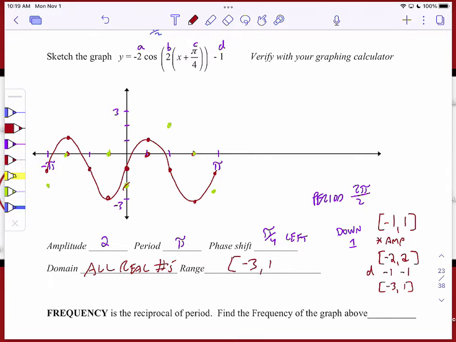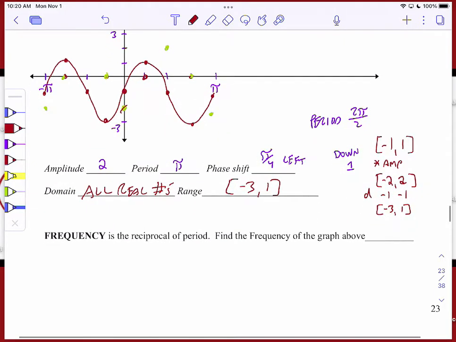I mean, you could literally look at the graph and say it obviously goes from -3 to 1, Mr. Raza, what's the problem? But people do that wrong all the time for whatever reason. So I'm giving you 2 different ways to do it. One is just look at the graph and see it goes from -3 to 1. Or take the original range, multiply by the amplitude, and then do the D, whether it's up or down. Any questions about this?